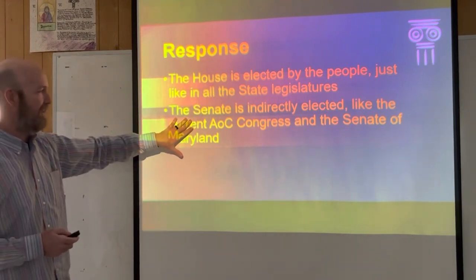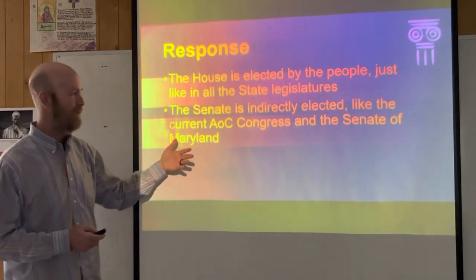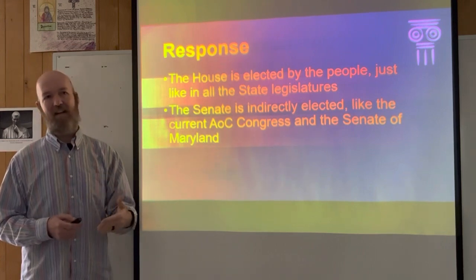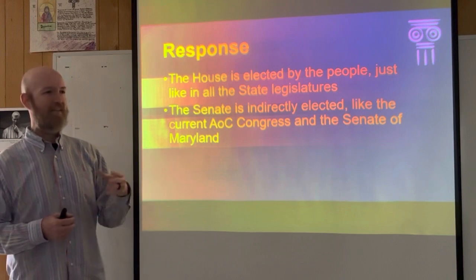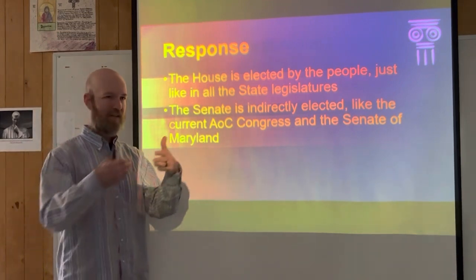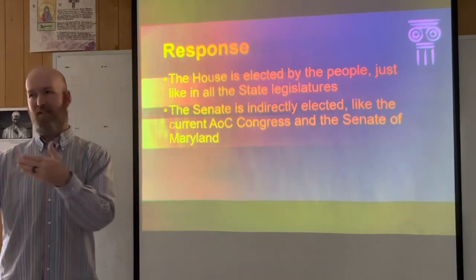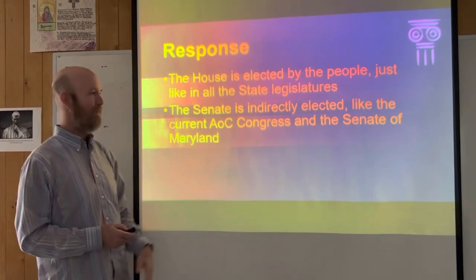Then they go into the Senate, and they say the Senate is indirectly elected. It's true that in the first system, the way the Constitution is written, people did not elect their senators. But instead, the senators were elected by the state legislatures, who were elected by the people. So the people elected their representatives at their state capital, and then those representatives elected the senators. So they said it's indirect, but it's still based on the people.